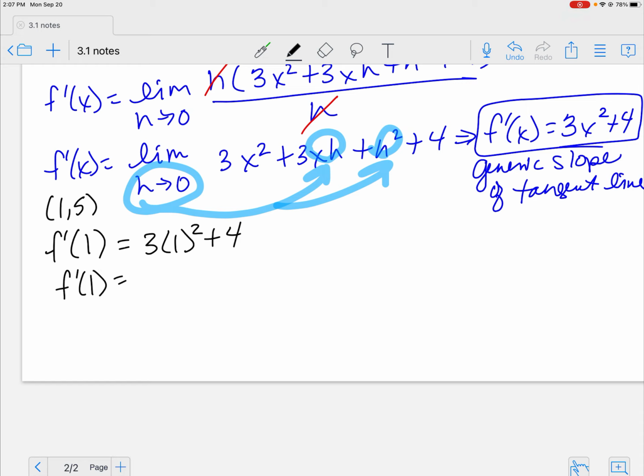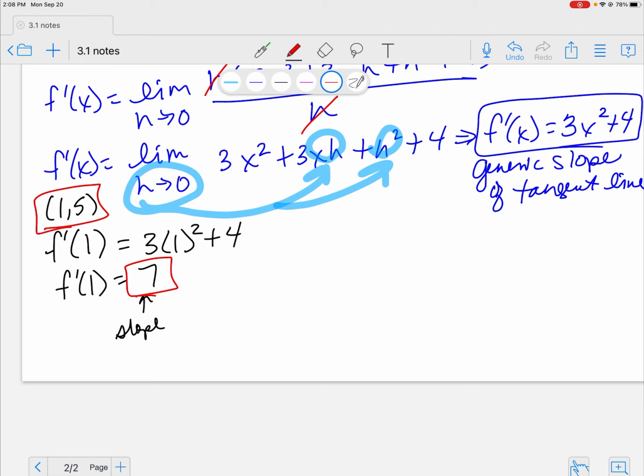So at 1, my slope is 7. So now I have a slope and I have a point. To make my equation of the line, we just go with point-slope form.